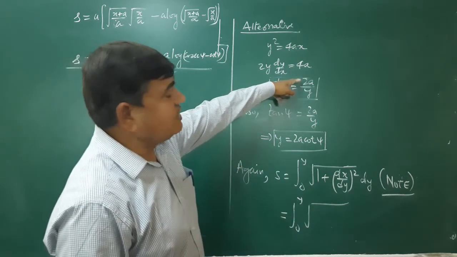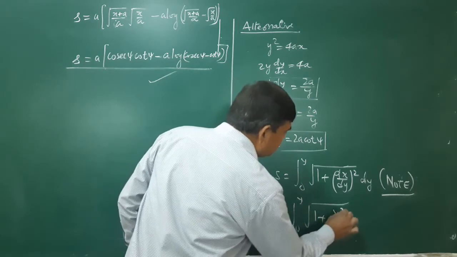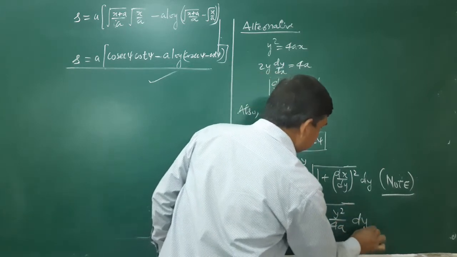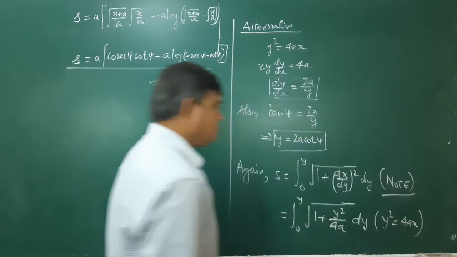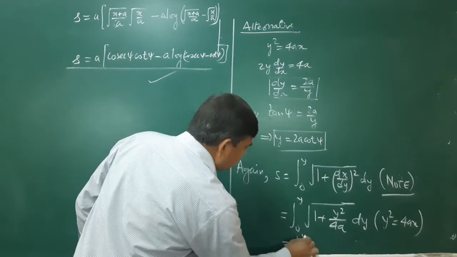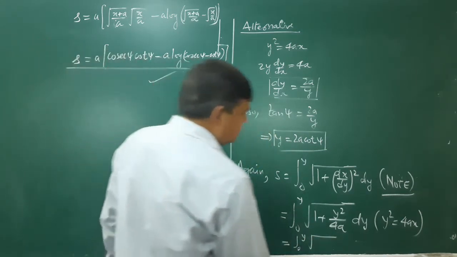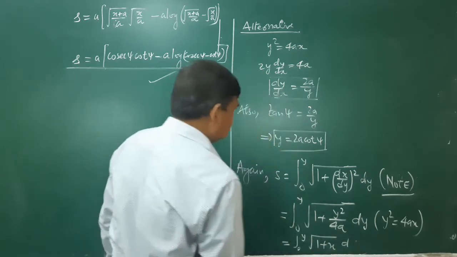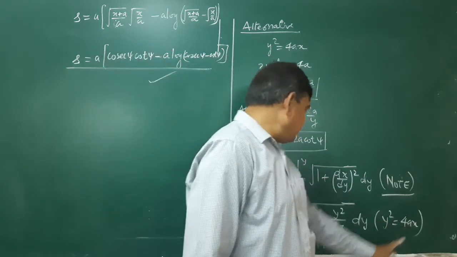dx upon dy will be y upon 2a. This is y upon 2a, so the square is y square upon 4a. y square equals 4ax. So here it is 0 to y under root of 1 plus y square upon 4a, that is x alone.